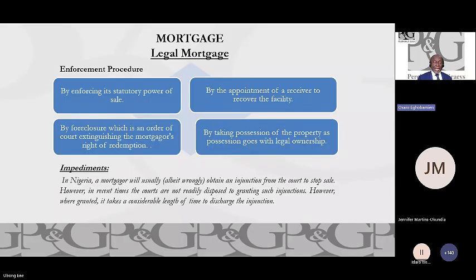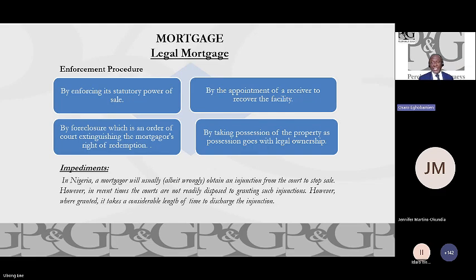The one challenge that banks face, and this is a practical challenge, is that whenever the bank is interested in selling a property, particularly when it has a legal mortgage, and to sell it without reference to the courts, the borrower would usually proceed to court to obtain an injunction. It takes advantage of a ponderous system.